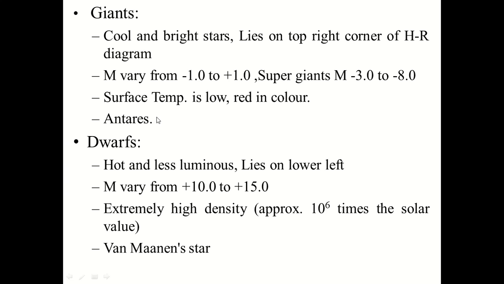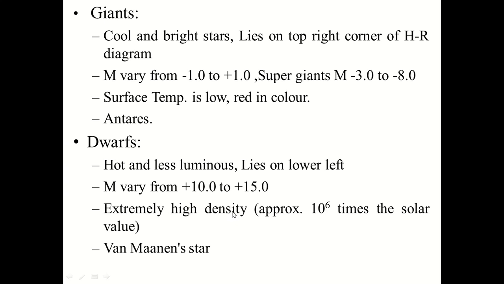Now you can see the rest of the stars which lie on the left bottom corner of the chart diagram. They are hot, less luminous stars called dwarfs. Their absolute magnitude varies from +10 to +15. Their density is extremely high, approximately 10⁶ times the solar value.